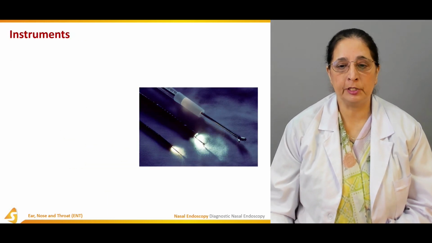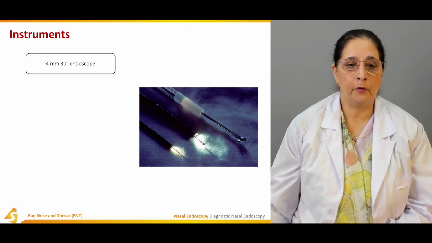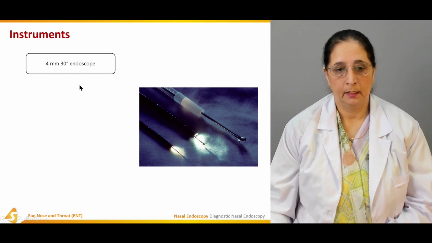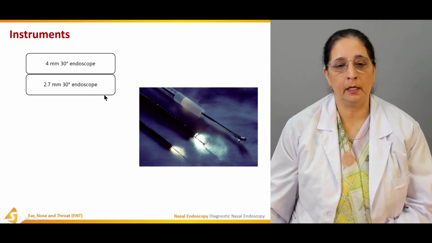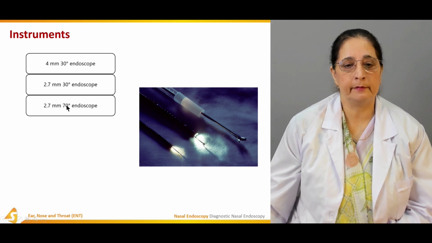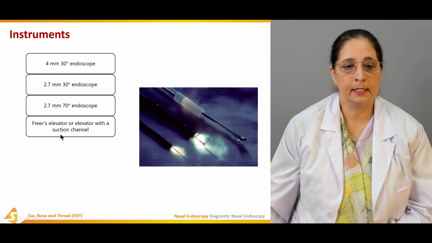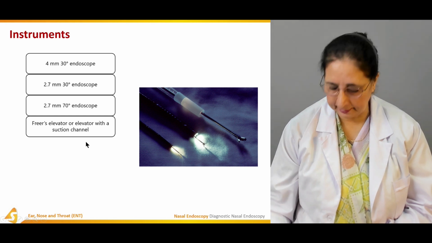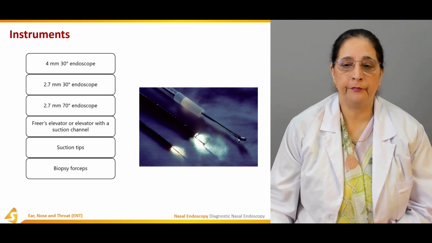The instruments used for the endoscopy are a 4mm 30-degree endoscope, a 2.7mm 30-degree endoscope, a 2.7mm 70-degree endoscope, Freer's elevator or an elevator with a suction channel, suction tips, and biopsy forceps.